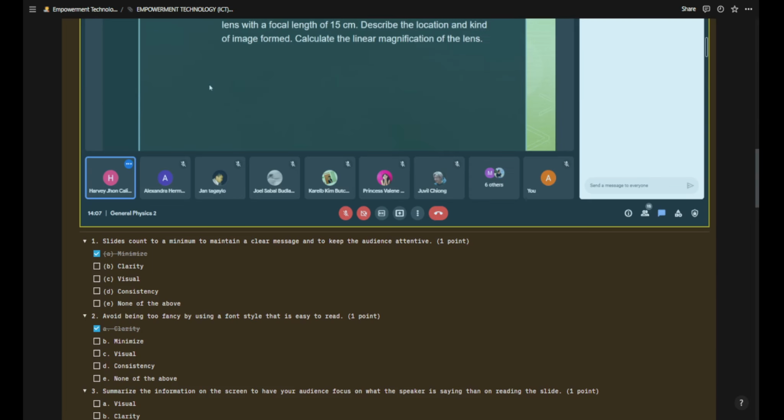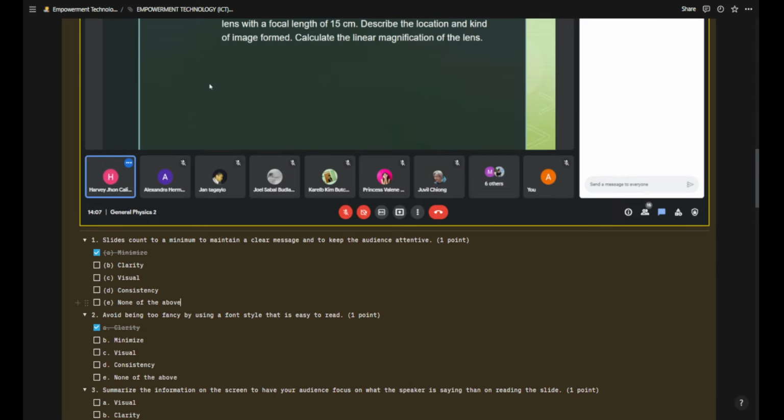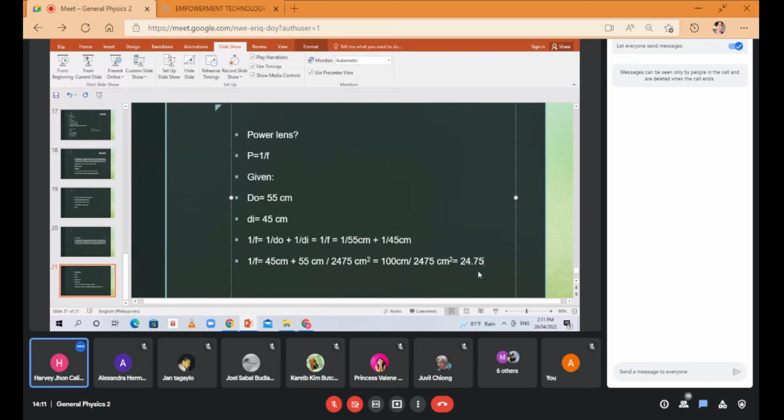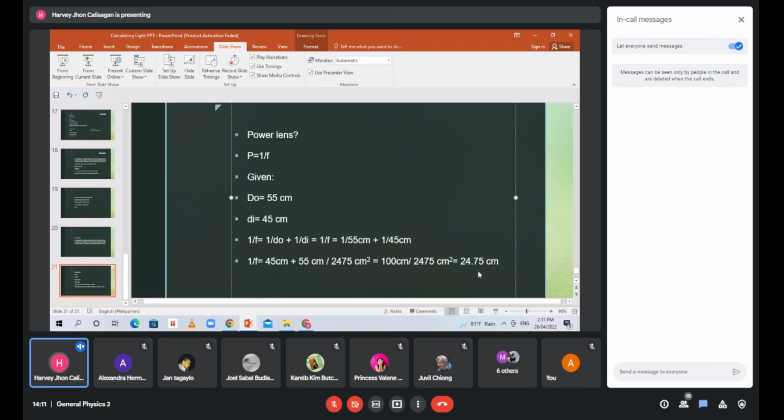So we have 2475 divided by 100, which is 24.75 centimeter as our focal length.